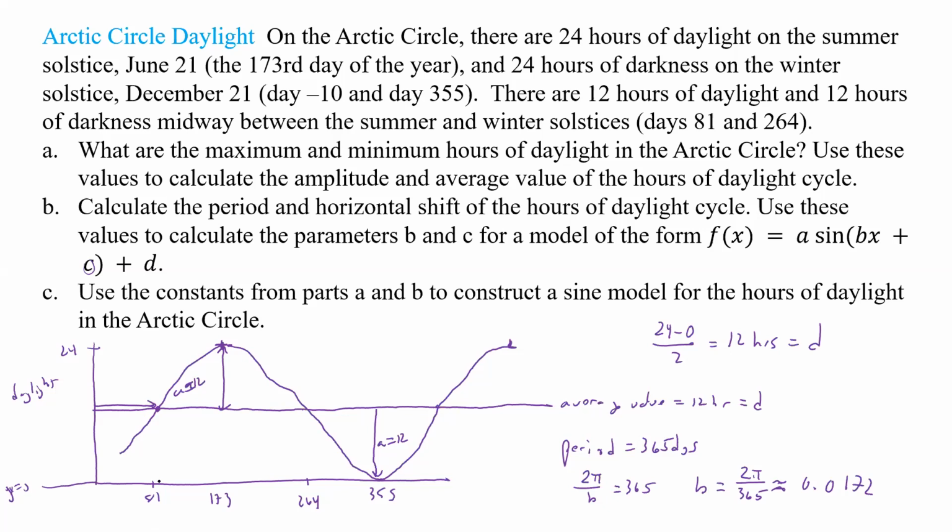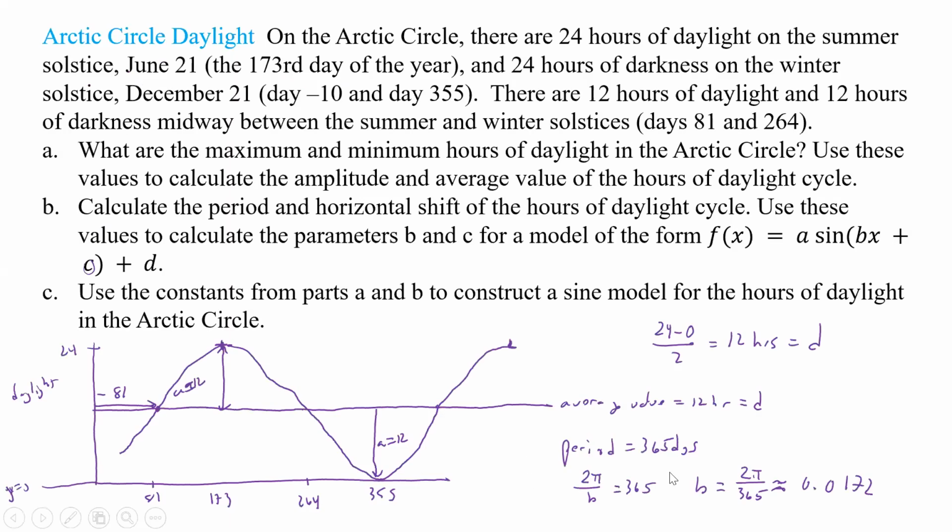Well, that's 81 days when it actually is hitting that point there. And so it's a negative 81 as far as offset, because we moved right, and so it had to be negative. And so what we're going to do is say, okay, then what is C equal to?